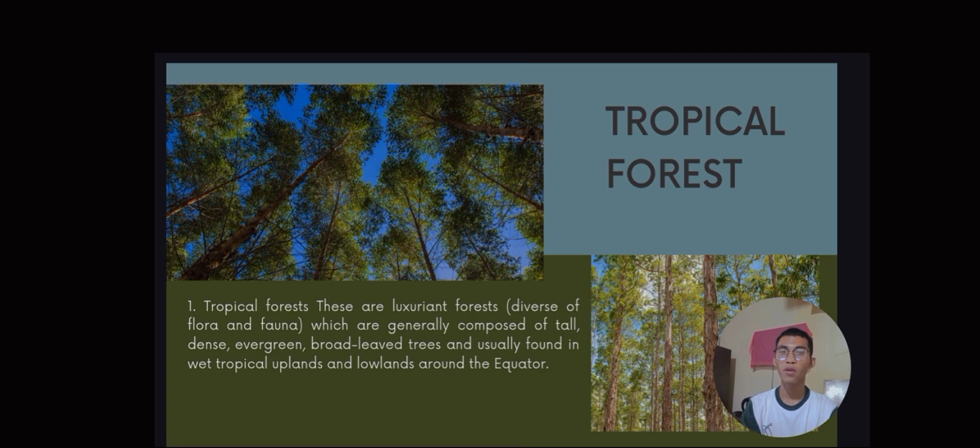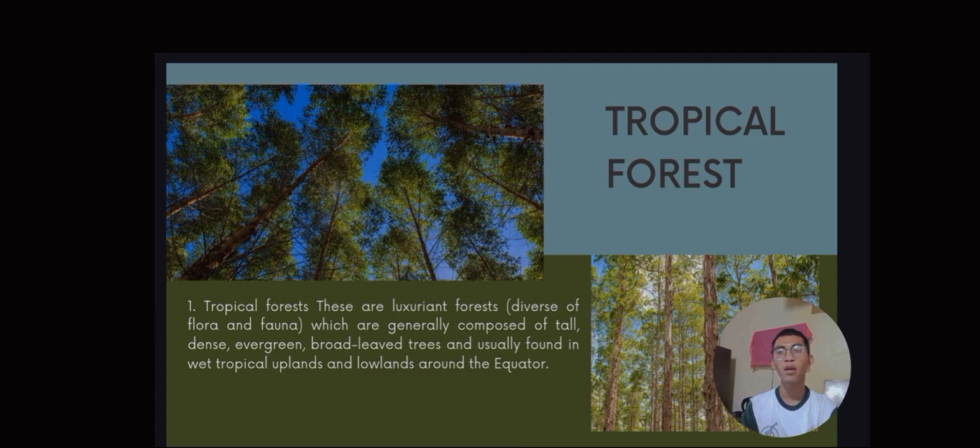So, tropical forests can be found near the equator of the Earth, especially here in the Philippines, which is a tropical country.